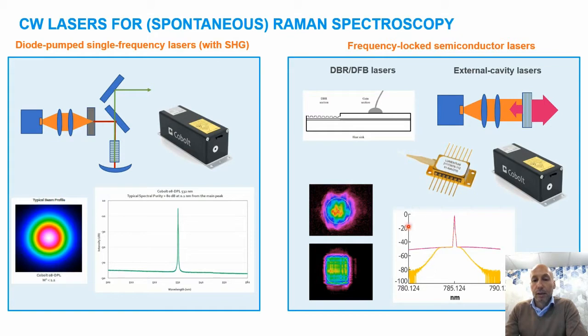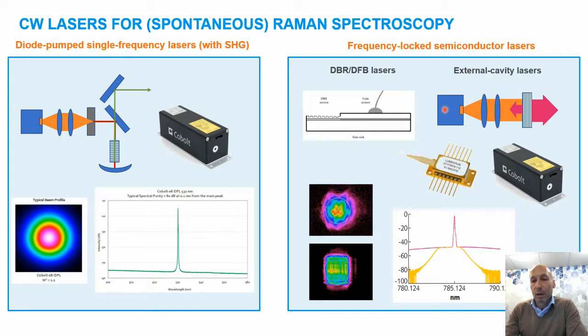These kinds of lasers, both DBRs and external cavity lasers, can offer TM00 beams, but they are typically not quite as nice as the diode pumped lasers. The DBR lasers are usually power limited to a few tens of milliwatts, but it's possible to scale the output power of this kind of laser by doing external cavity locking of multimode lasers.